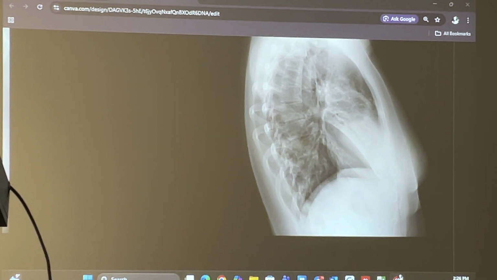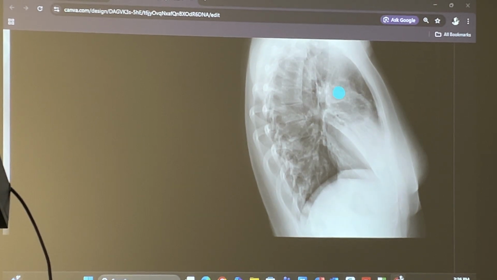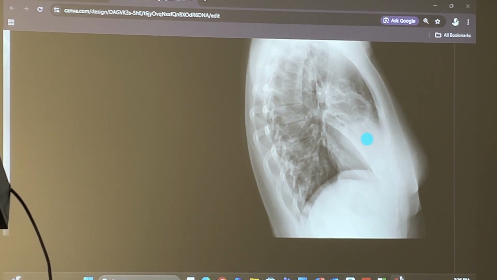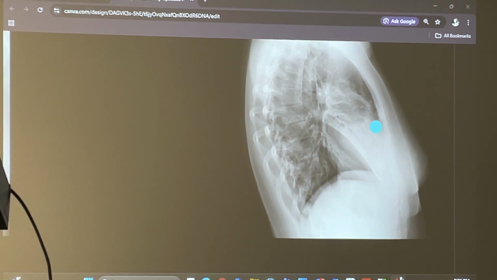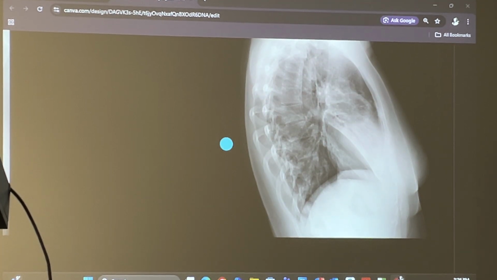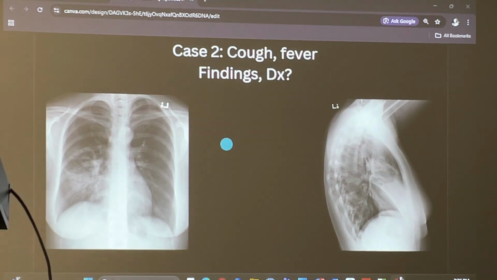And there is also that round, spherical opacity. Which lobe is it? It's full circle of the diaphragm, so middle lobe. This is right middle lobe pneumonia.